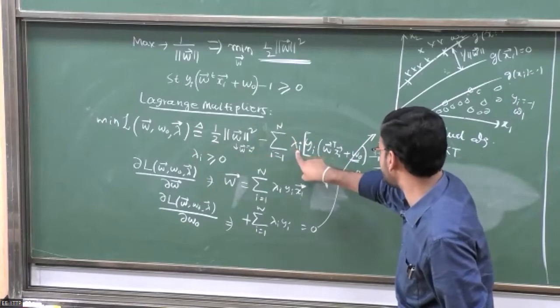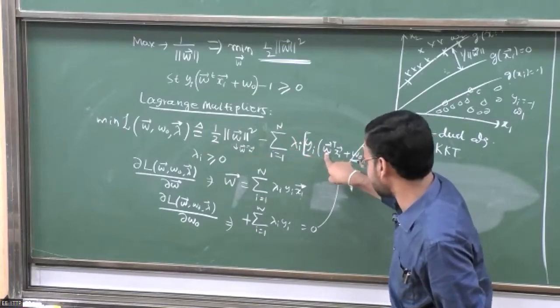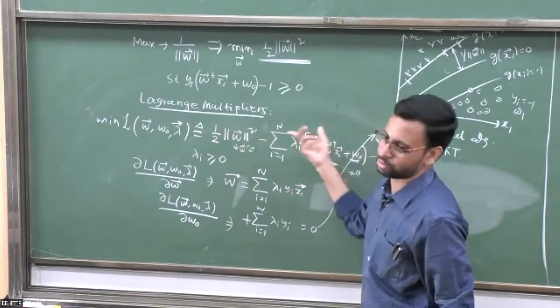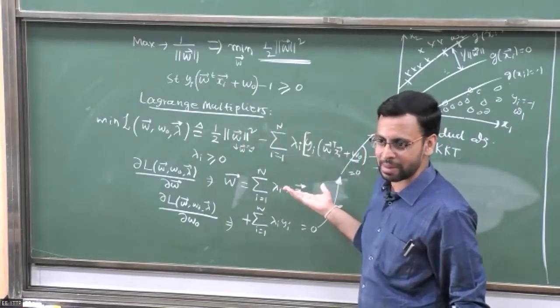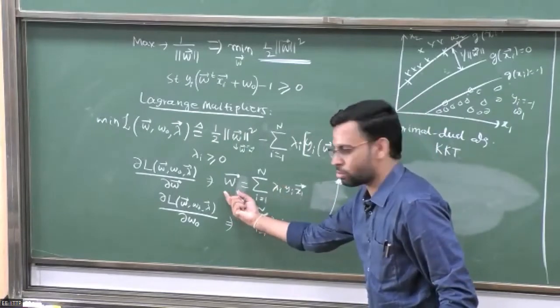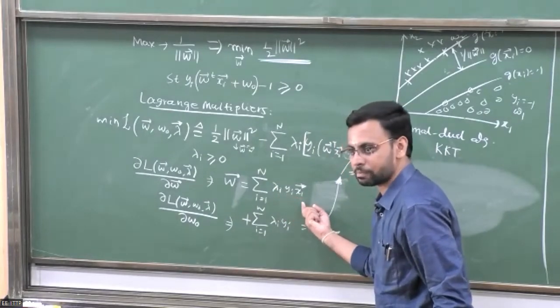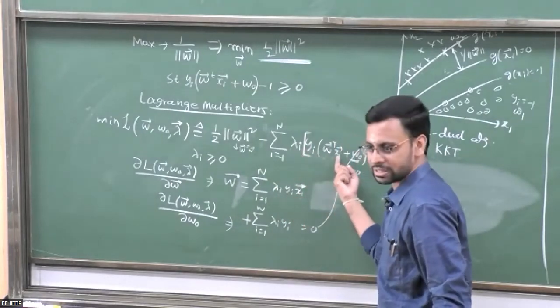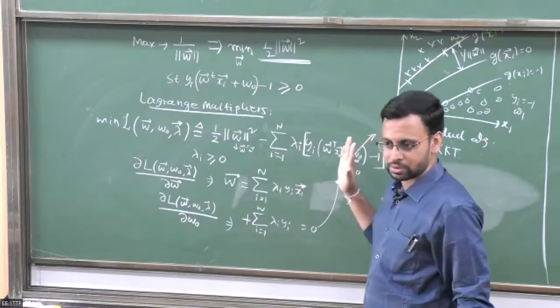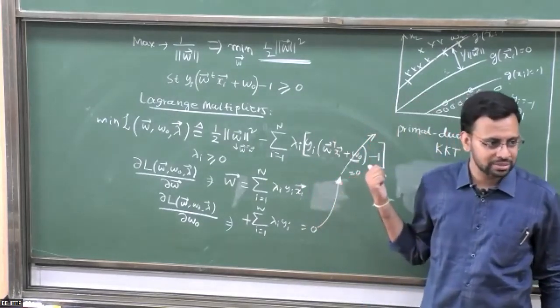In this term, the lambda i, yi and xi are already there. Then w bar transpose, this transpose is in both places. There is nothing magic happening here. The very way the w bar is defined is the multiplication of lambda i, yi, xi bar. These are already present in this term. That's all. Is everyone able to visualize that?